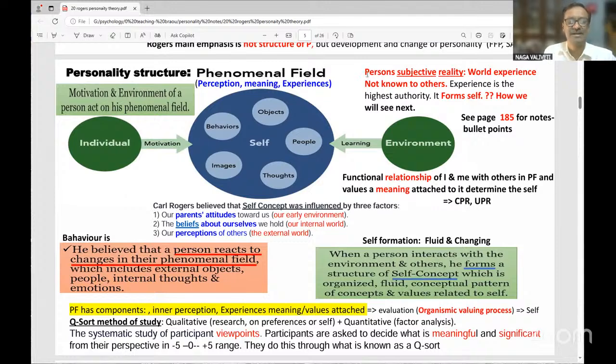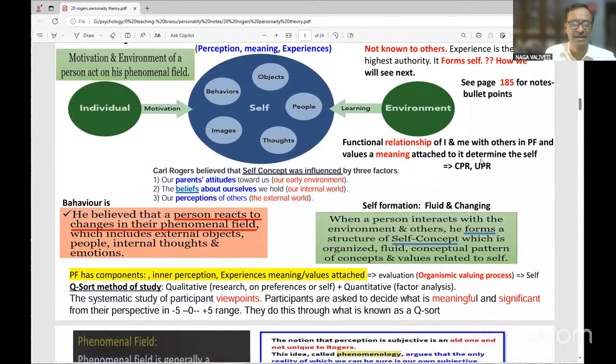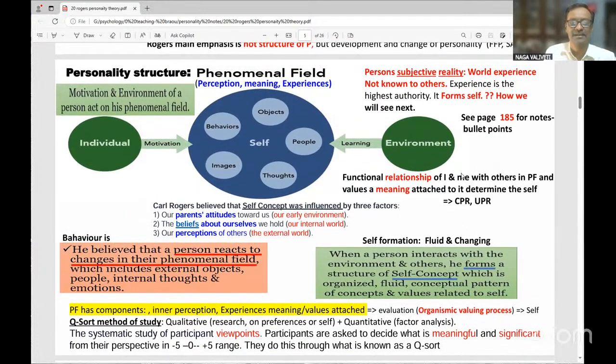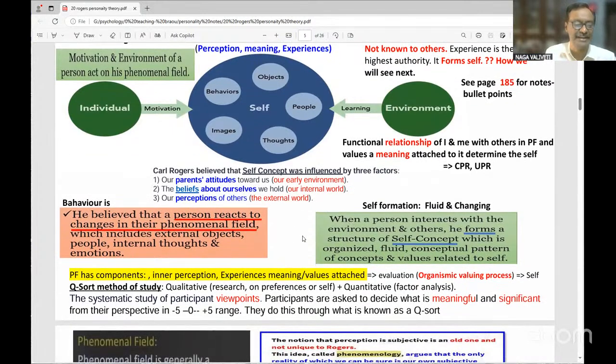Then a person's experience is always subjective, meaning you interpret according to your understanding, not according to actual reality. It may be correct, it may not be. So he says that authentic understanding is required. To create your actual self, you have to have authentic analysis, and socially desirable influence should not be there in you.